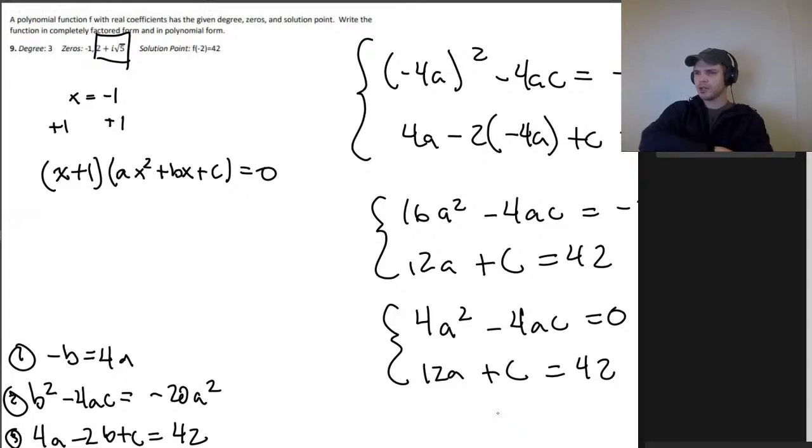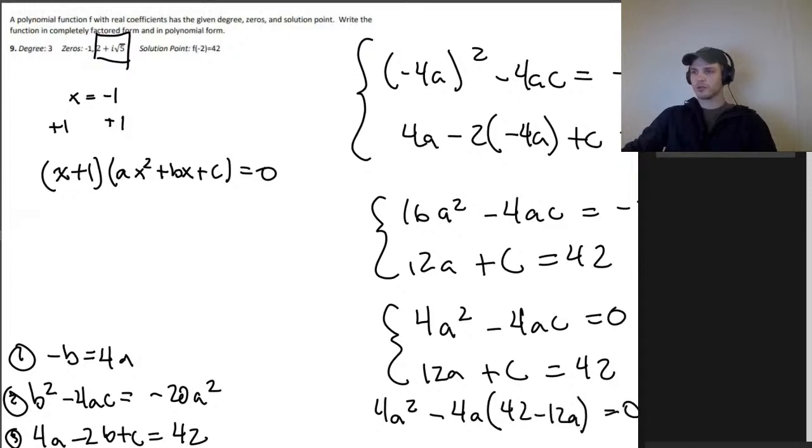We can eliminate another variable. Let's make a substitution. From the second equation, if I subtract 12a from both sides, I get c equals 42 minus 12a. Let's try and plug that into the other equation, then we'll just have one variable. So c equals 42 minus 12a, so we'll get 4a squared minus 4a times 42 minus 12a, which supposedly is equal to 0.